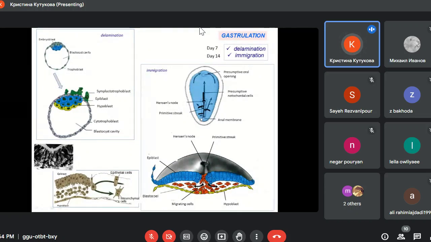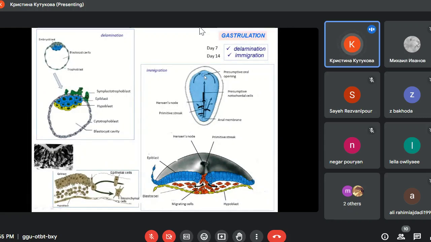Also, we have Hensen's node. Here it is. Unlike the primitive streak, it is not like a line, it looks like a circle. Also, through this Hensen's node, cells migrate between epiblast and hypoblast, but they move directly towards the frontal end of the embryo.